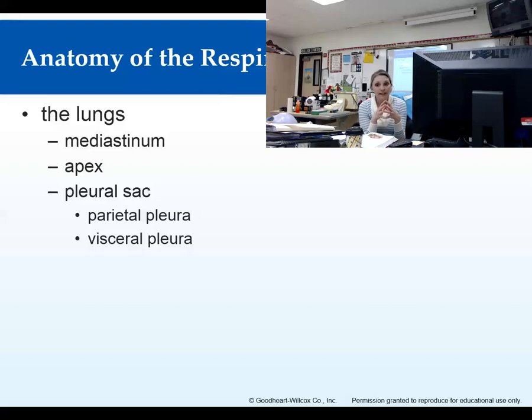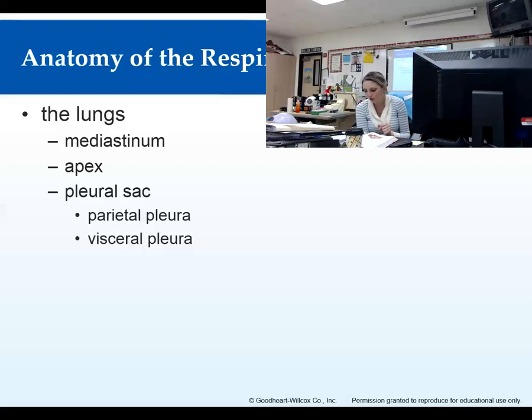It contains the trachea, esophagus, all of this is kind of wrapped inside of the lungs, if you will, and that's all the mediastinum, whenever you see that word. The apex is the upper portion of the lungs, kind of like the pointy area. You can see how it's pointed at the top on page 308.